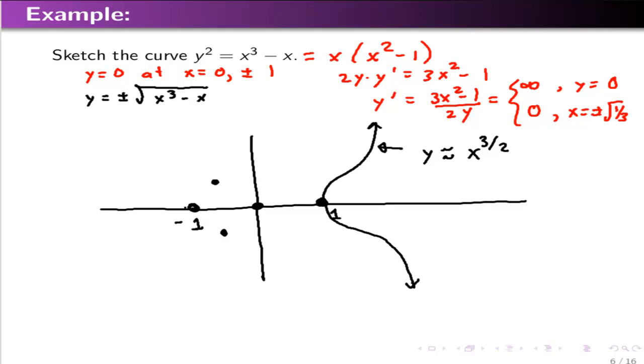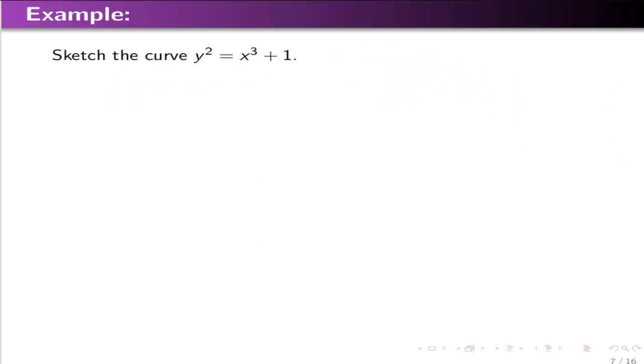And then to the left of negative 1, we also have a negative quantity on the right-hand side, and so there's no solution. And then between 0 and negative 1, the curve will have its horizontal tangent, it'll have a vertical tangent, and it'll be nice and symmetric. And so we have these two components here. So that's a typical two-component elliptic curve over the reals.